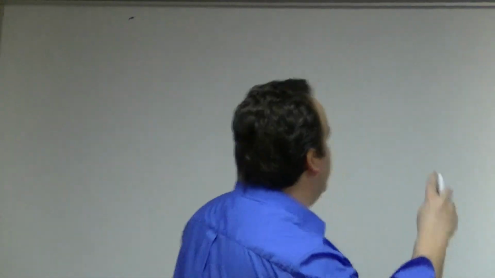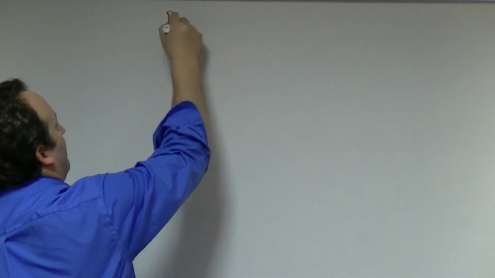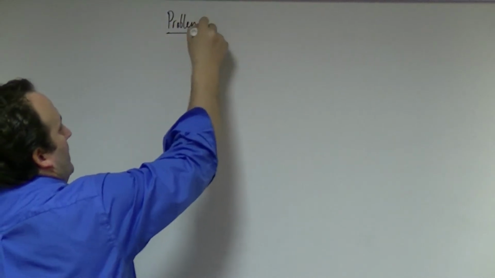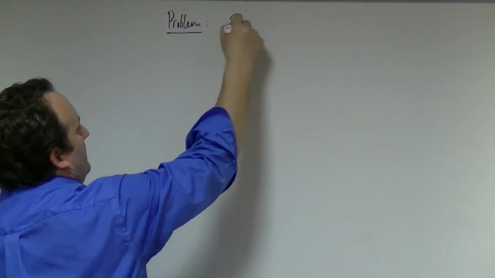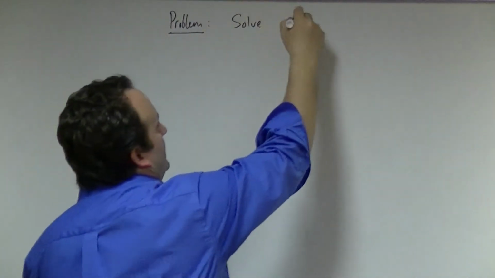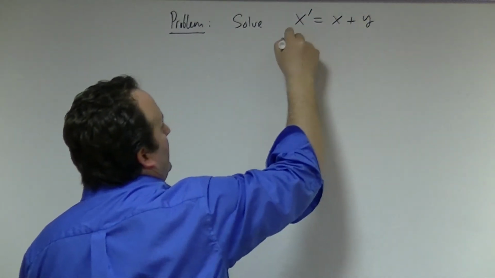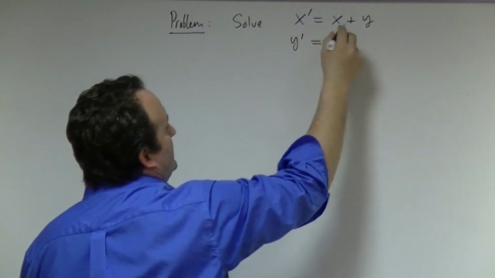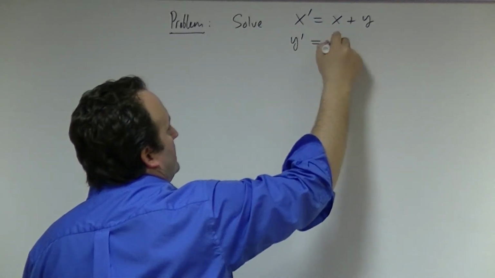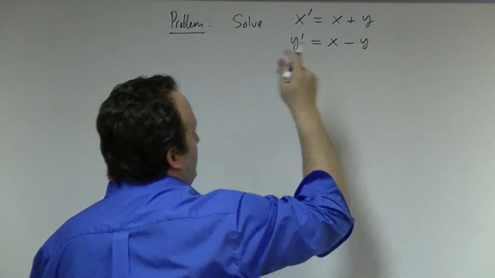I would point out, by the way, here's the problem. What's our problem? We want to solve things like x prime equals x plus y, and y prime is equal to, I don't know, x minus y, something like that.